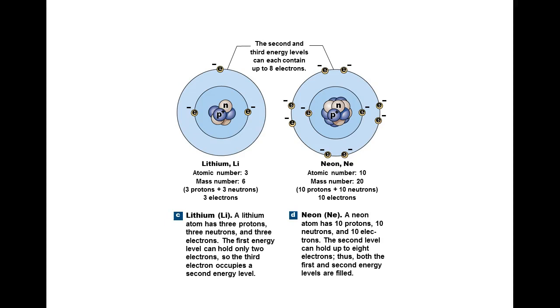Each of those energy shells will orbit around the nucleus. The electrons fill the energy shells closest to the nucleus first. And then as those get filled, they fill on out to the energy shell that's furthest away from the nucleus, and we call that the electron valence shell.